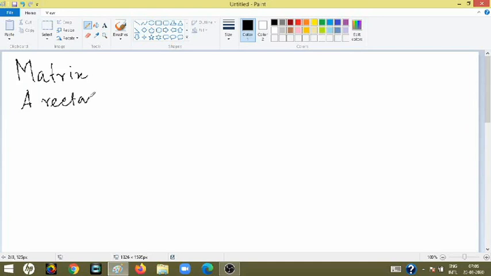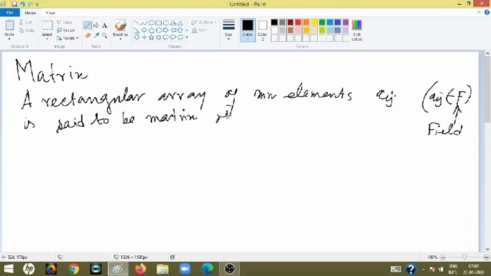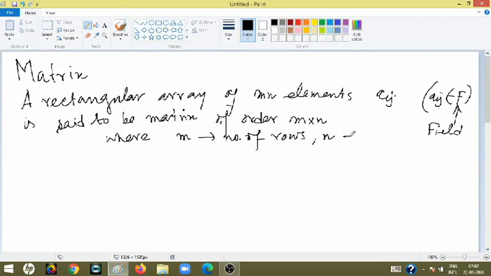A rectangular array of elements, say Aij, where Aij belongs to F, denoting a field, is said to be a matrix of order m by n, where m is the number of rows and n is the number of columns.